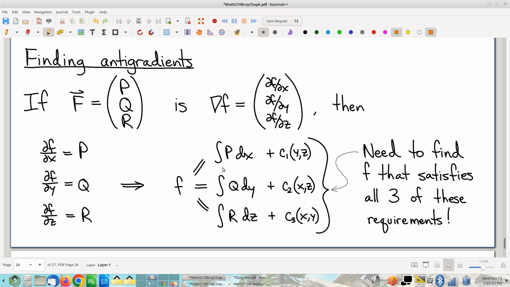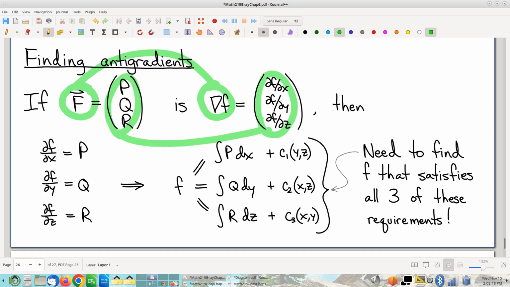So here we go. If you have a vector field and you want that to be a gradient, if it in fact is a gradient, modest observation, the components of the vector field have to be the components of the gradient. If they're the same vector field, they have the same components. Well, I can write that down as 3 separate equations.